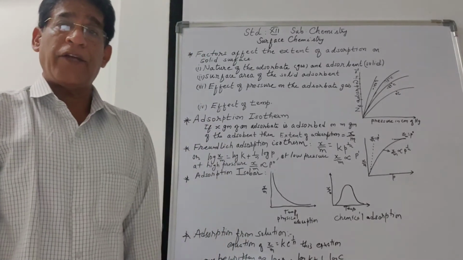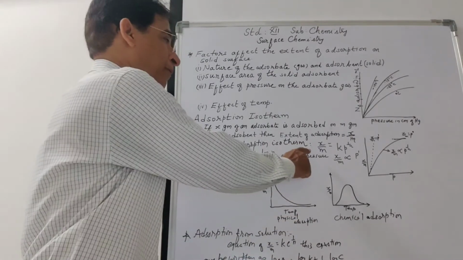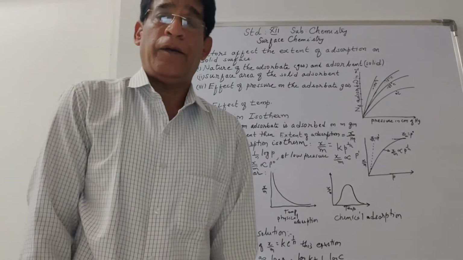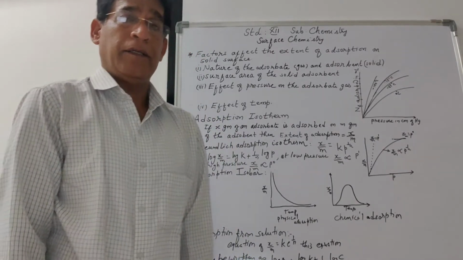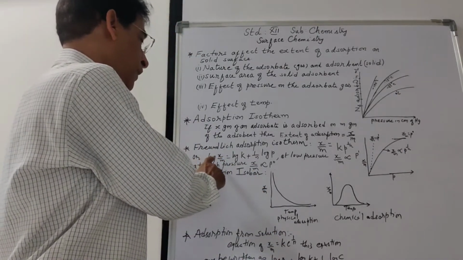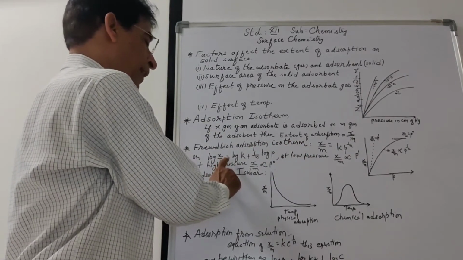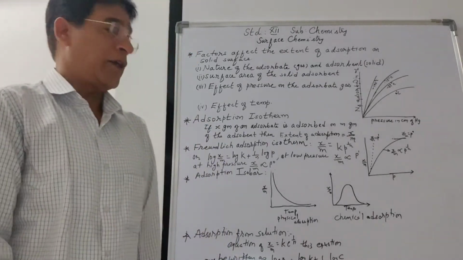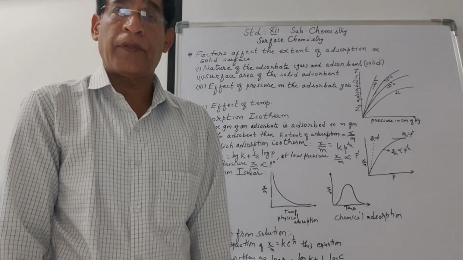According to Freundlich isotherm, x/m = kP^(1/n), and this means log(x/m) = log k + (1/n) log P.